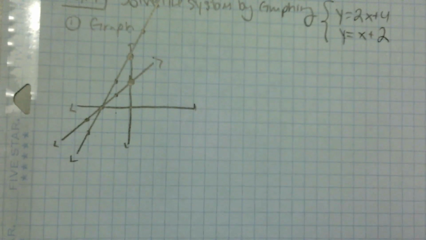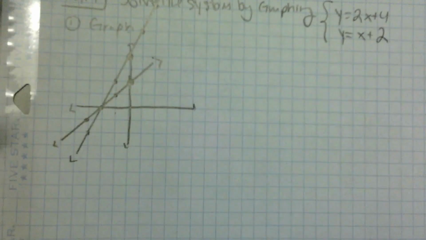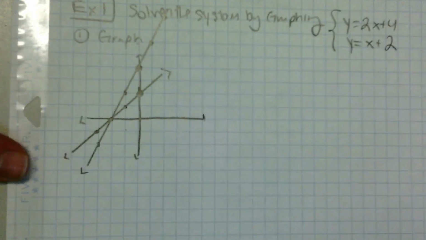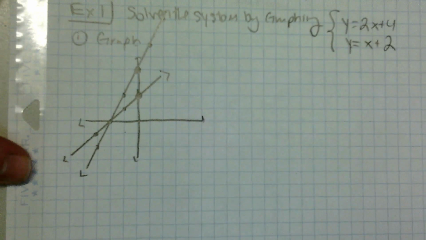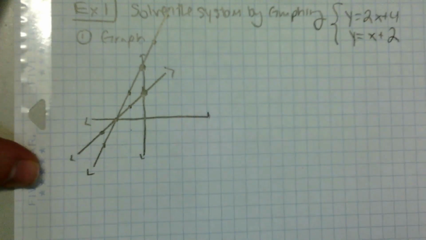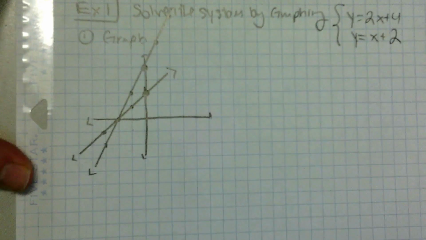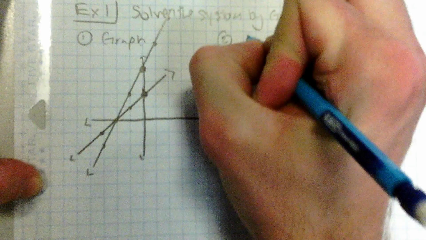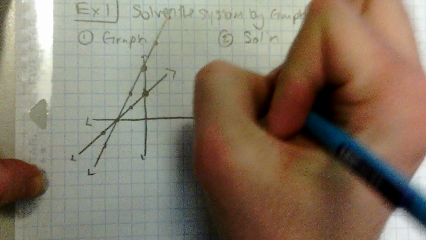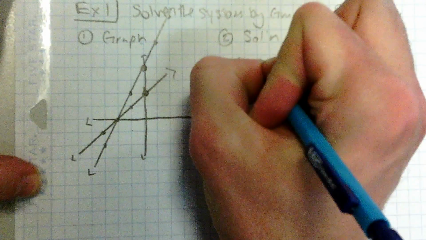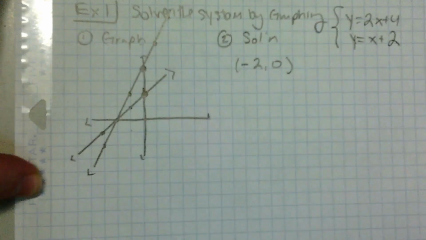So we've graphed each of our lines. Where do they meet? Where do they intersect? Partially, yes. When we give a solution, we will always put the point. So it is (-2, 0).